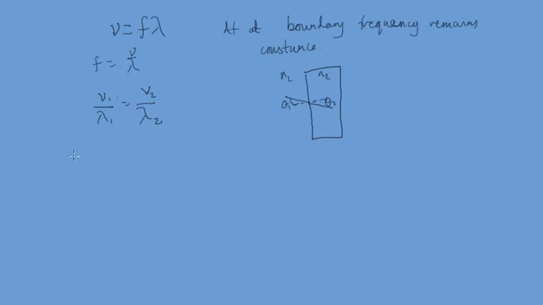So if we think n1 sine theta 1 equals n2 sine theta 2, then the ratio n2 over n1 must equal sine theta 1 over sine theta 2 by rearranging this.